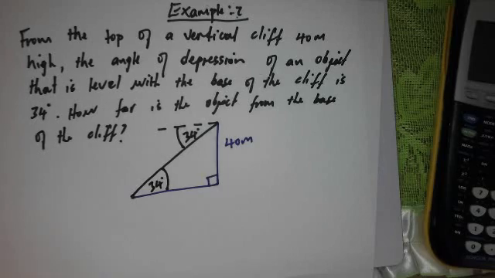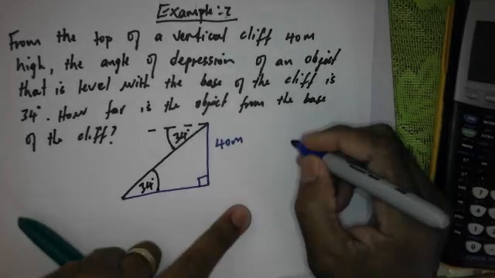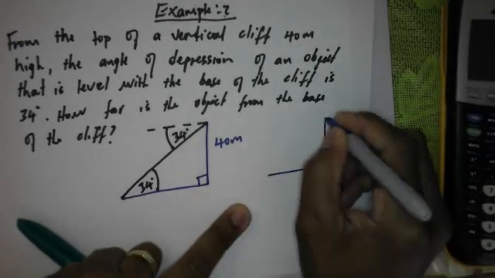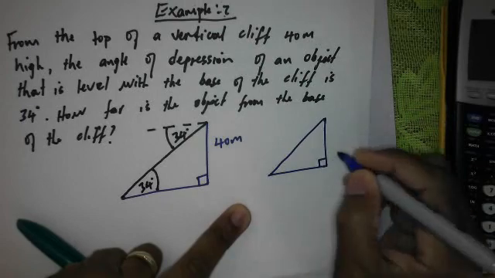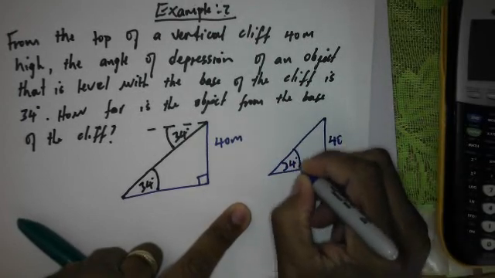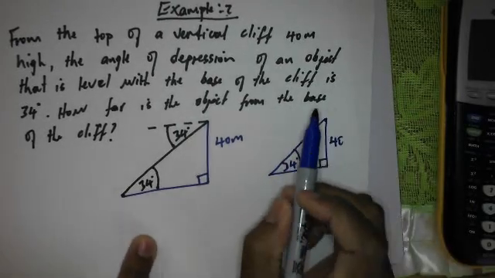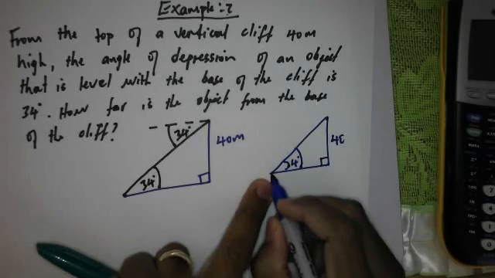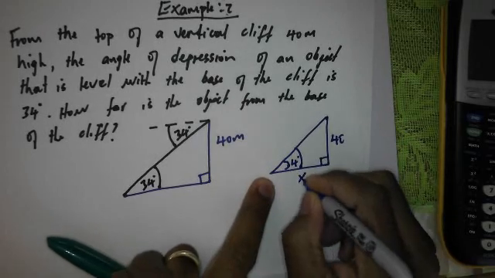I could use this diagram, or I could clean it up a little bit and draw a different diagram. So here's the completed diagram that I'll be using. So this is my 90, this is my 40 here, this is my 34 here. Okay? And they say, how far is the object from the base of the cliff? So here's the object, here's the base of the cliff, they're asking us to find right there.